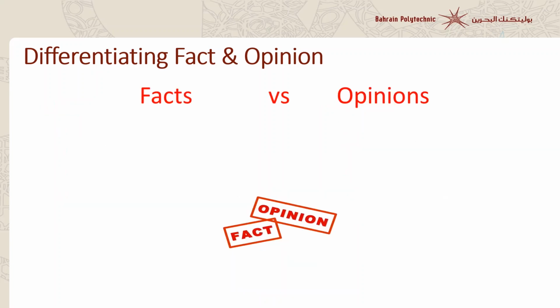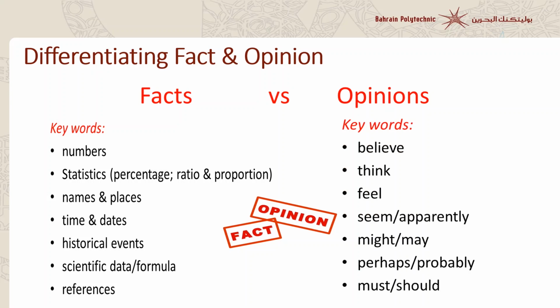Facts and opinion can also be distinguished by their word usage. The lists you see here are not exclusive. They are just some of the most common word usage for expressing facts and opinions. So for example, facts, the most common word indicators are numbers, statistics, names and places, time and dates, historical events, scientific data or formula references.